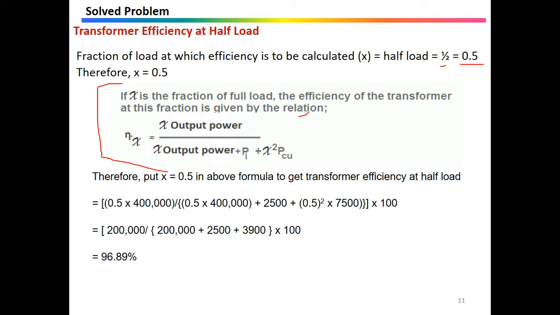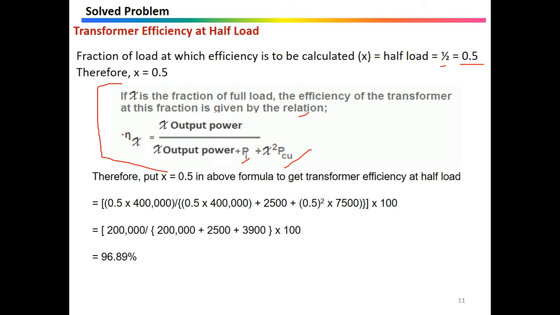This is, as usual, the efficiency formula. If we forget this zeta or x, then it is nothing but efficiency equals output over output power plus the losses. As you know, the load has no effect on the iron losses; it affects only the copper losses. So the effect of this half load goes into this formulation.